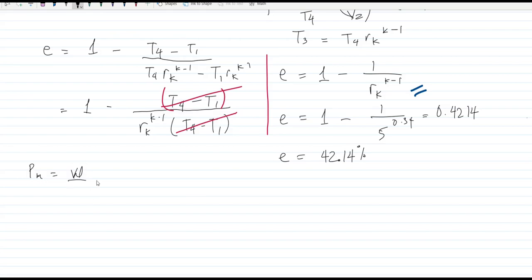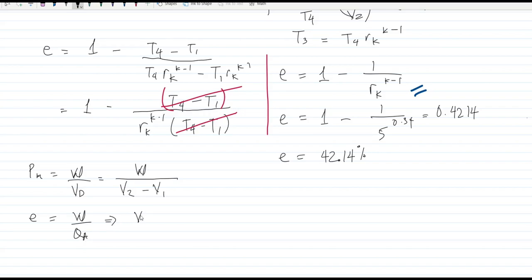Okay. So last in the unknown is the mean effective pressure, or the P sub M. And as I've said, P sub M is equal to work over V sub D. V sub D is the volume displacement. So let's replace it with V2 minus V1. So what we don't have here is the work, but from efficiency, we know that efficiency is equal to work over QA.